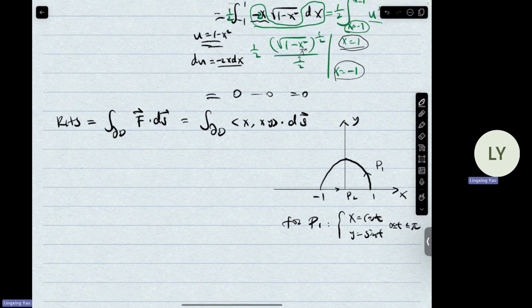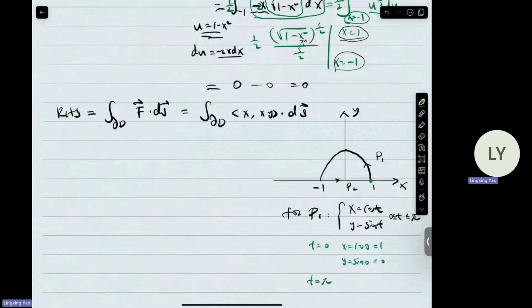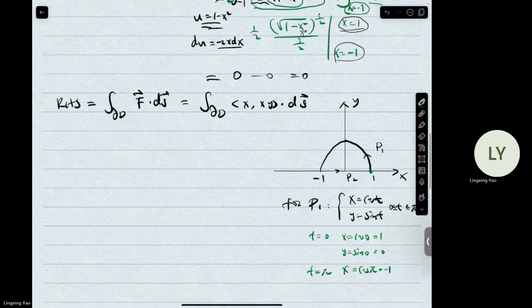When t equals 0, x equals cosine 0, which is 1, and y equals sine 0, which is 0, which is this point. And when t equals pi, x equals cosine pi, which is negative 1, and y equals sine pi, which is also 0, which is this point. So this is t equals 0 and t equals pi.